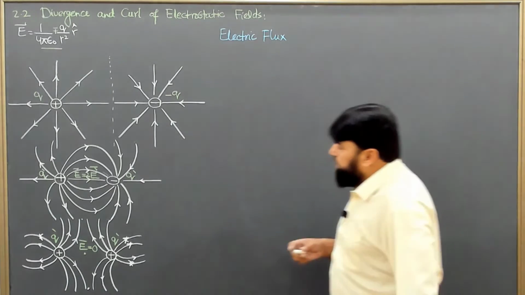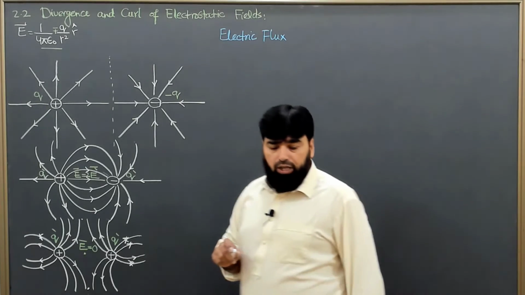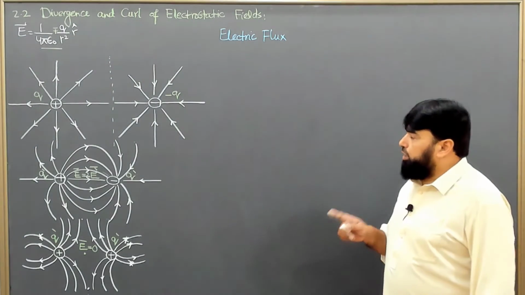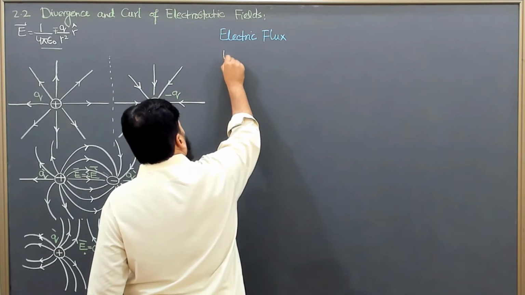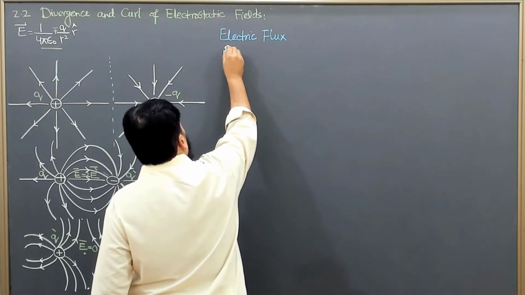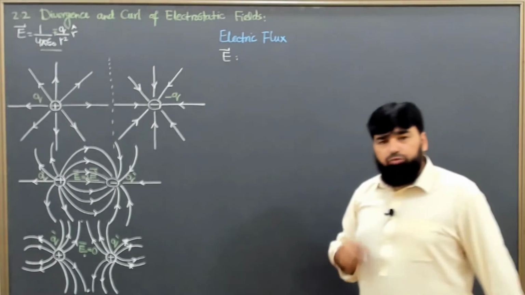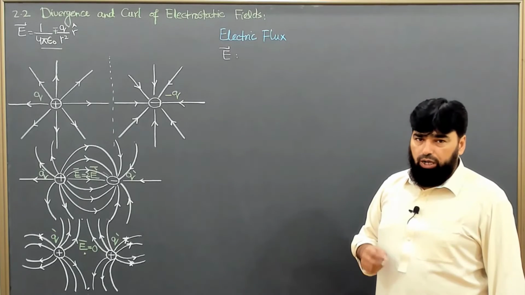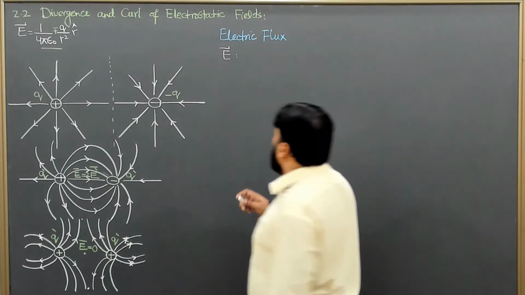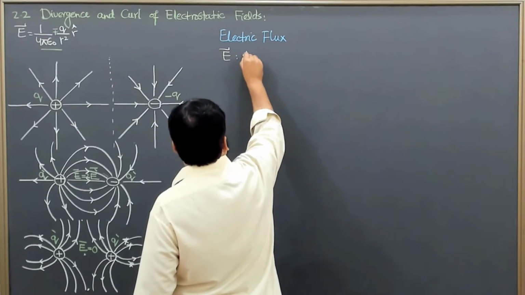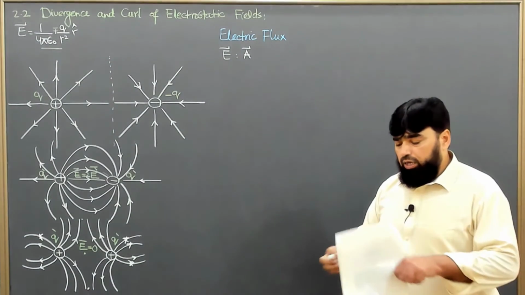So to measure how many field lines are passing through a given area, it depends on two things. If we have more strength of the electric field, then there will be more field lines passing through a given area. And another thing is, it depends on the area as well, because it depends on the area.